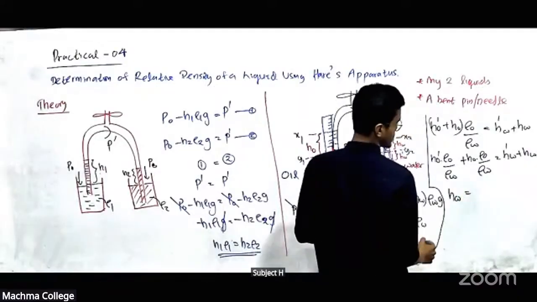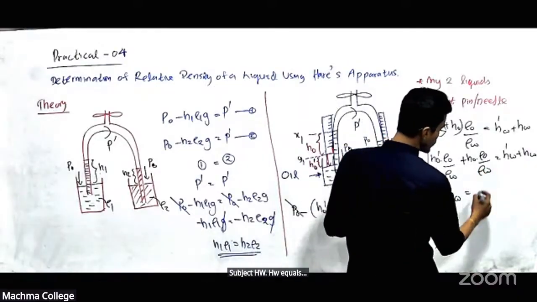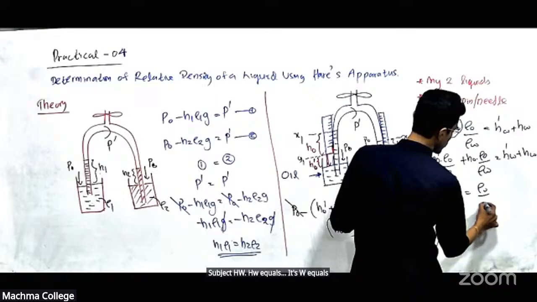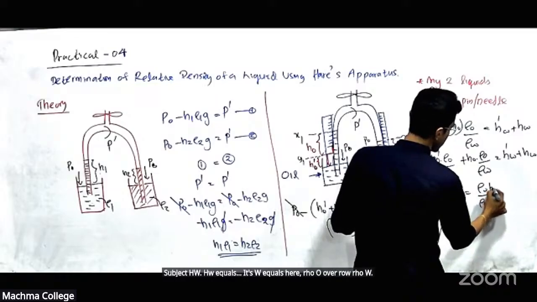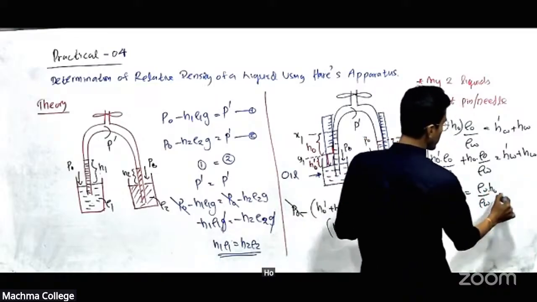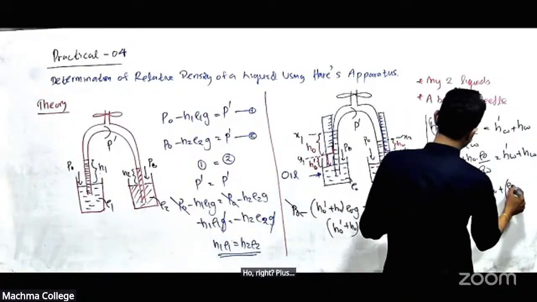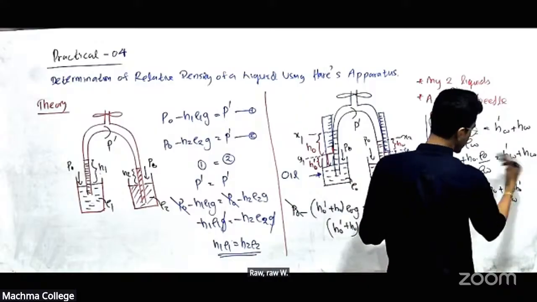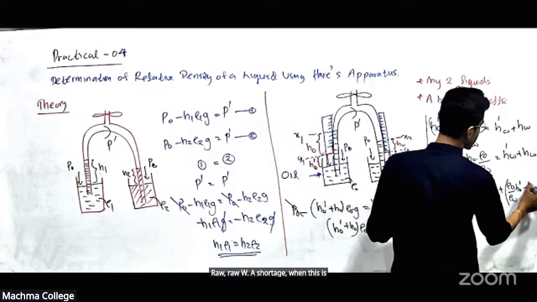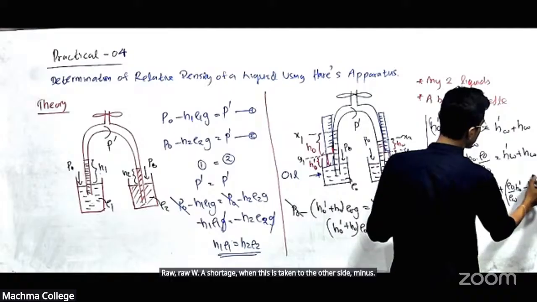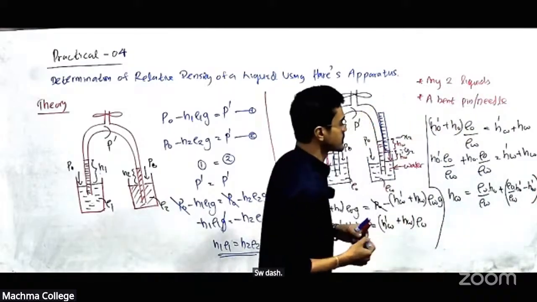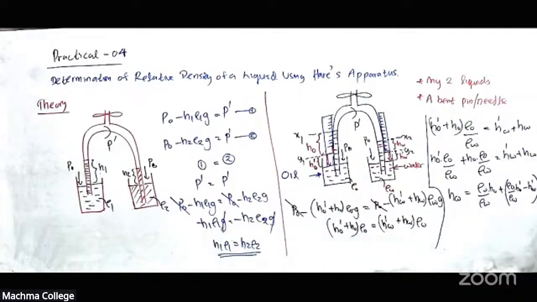HW equals rho O over rho W times HO, plus rho O over rho W times HO dash, which when taken to the other side, minus HW dash. Is it visible? Yeah, visible.